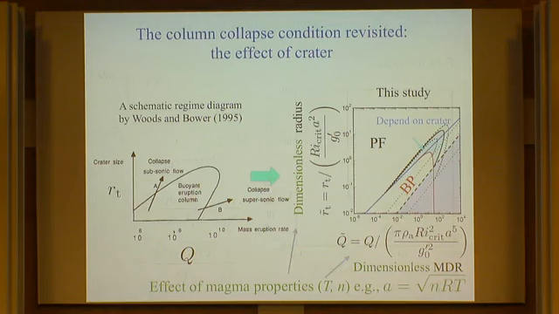And finally, we get the quantified version of Woods and Bursik like this. So this shows the range of crater size where the eruption cloud is conditionally stable, and this part is always pyroclastic flow, and this part is always buoyant flow, and so on.